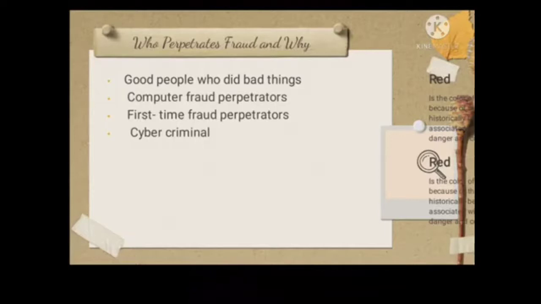Who are they? Some fraud perpetrators are disgruntled and unhappy with their jobs and seek revenge against employees. Others are dedicated, hardworking, and trusted employees. Most have no previous criminal record, and they were honest, valued, and respected members of the community. In other words, they were good people who did bad things. Next are the computer fraud perpetrators.